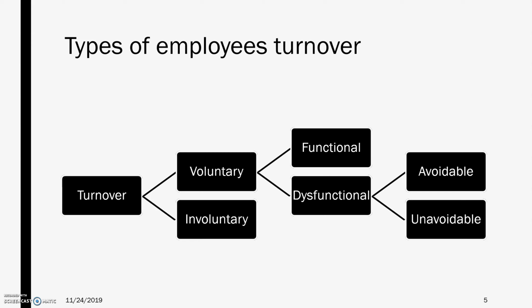The voluntary side is when they receive an offer from another company and they decide to move on. So these voluntary turnovers are functional or dysfunctional, and if they're dysfunctional, they are avoidable or unavoidable.